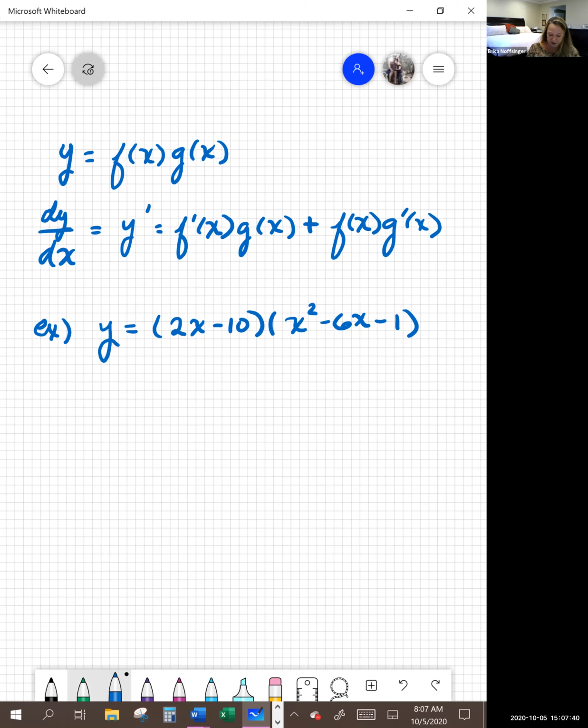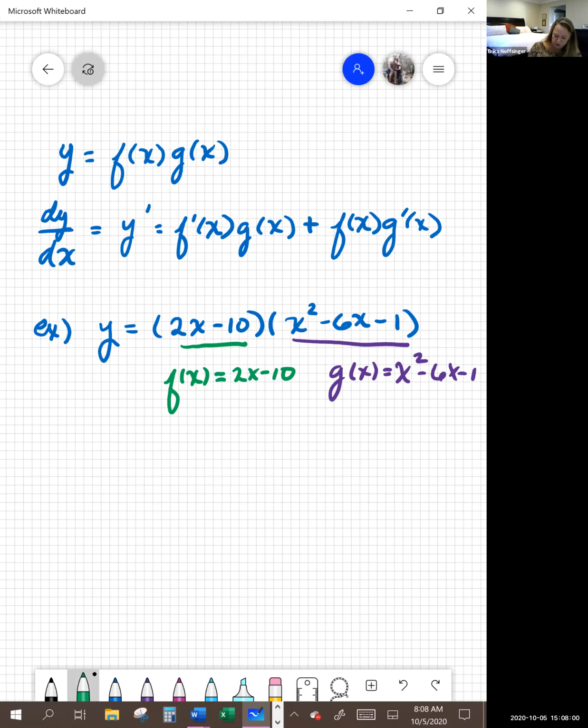And so if we choose this f of x function to be the first parentheses, 2x minus 10, and we let this g of x function be the second parentheses, x squared minus 6x minus 1, and we apply this rule.